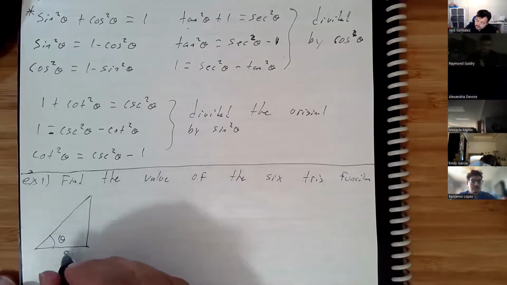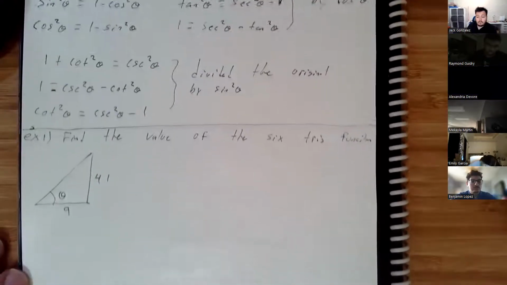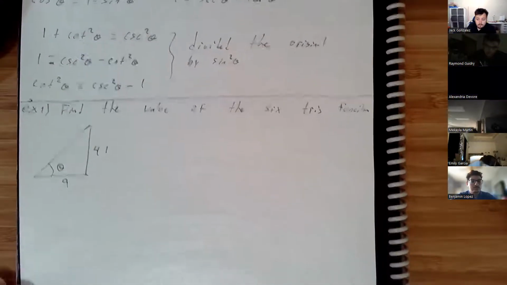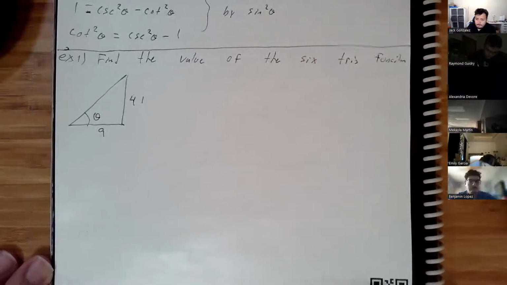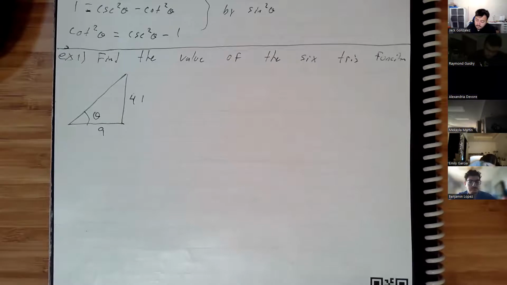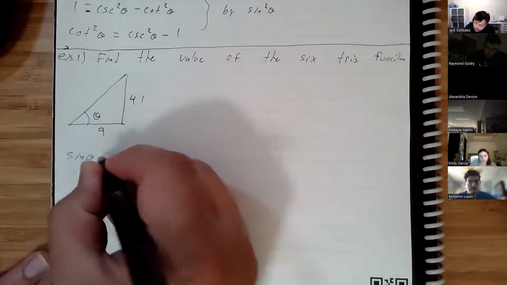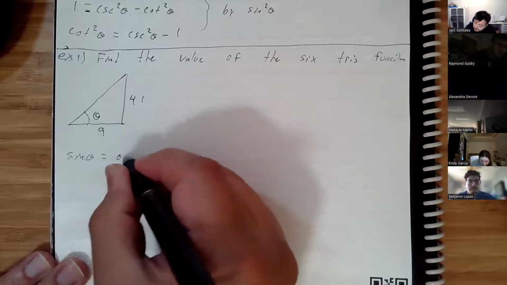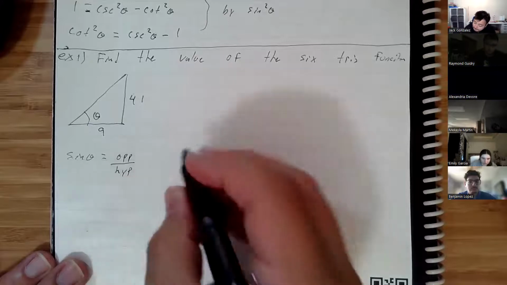They only give us 2 sides. So we can't do any of these because sine theta requires a hypotenuse, right?